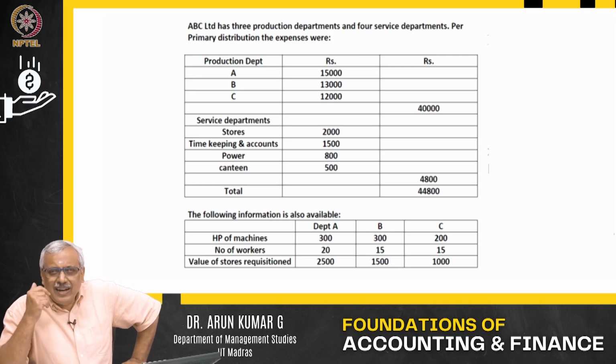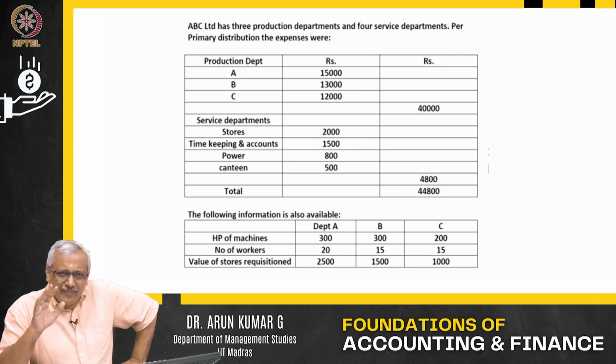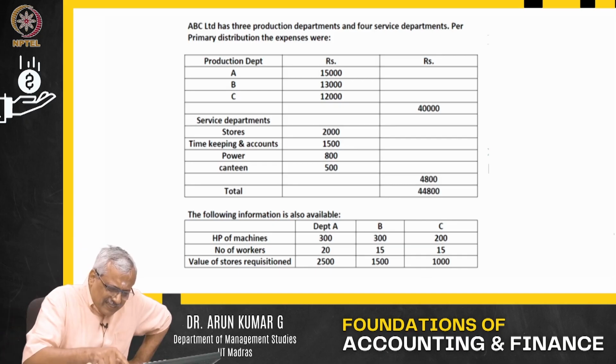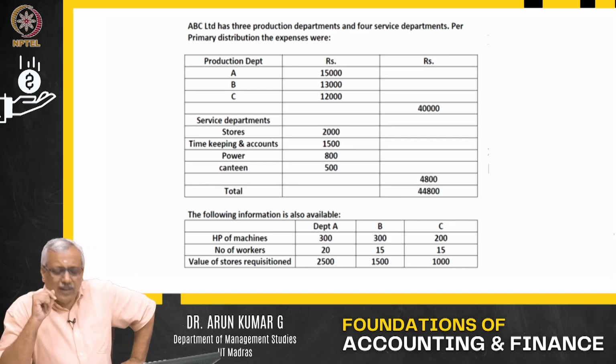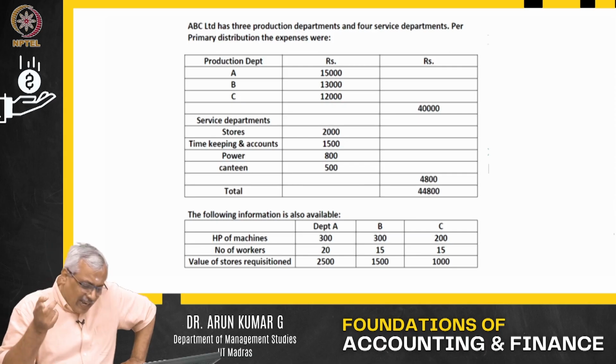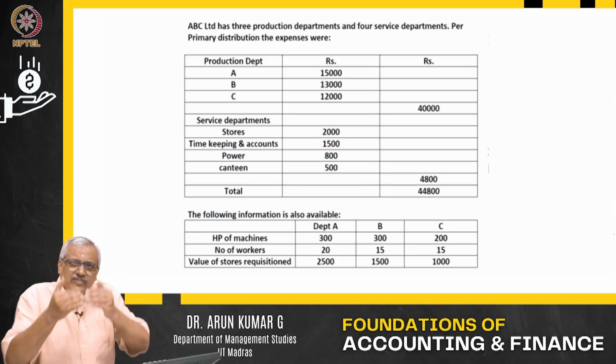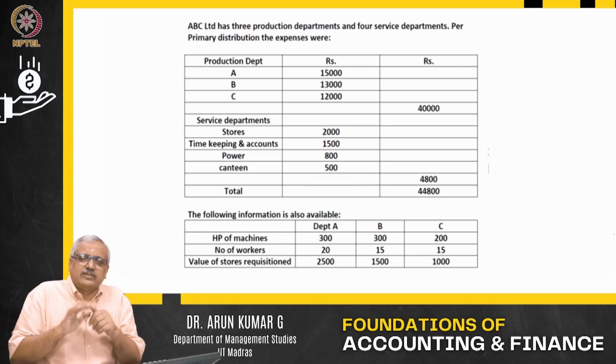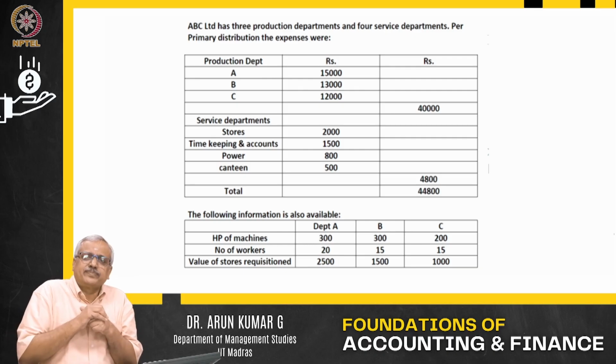Now, is it wrong or right? Well, it is yes and no. Why is it yes and no? Some places right, some places wrong. For example, let us take the cost of stores in this case as $2,000. The cost of operating the stores department is 2000.